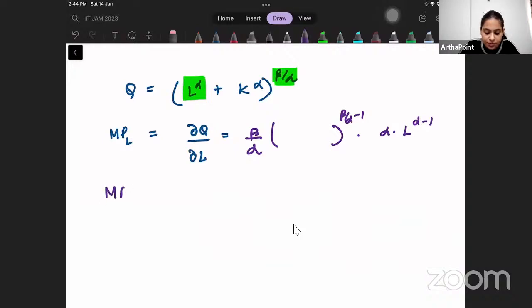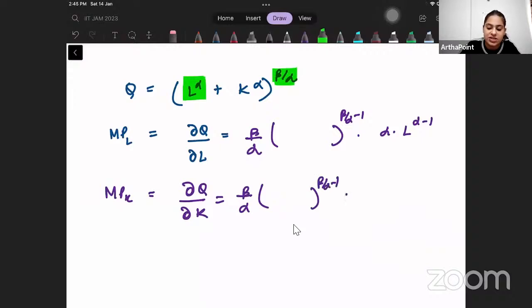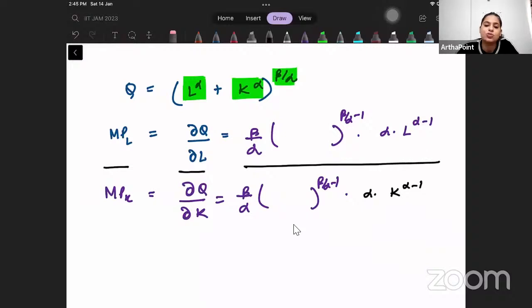Do MPK. This will be how Q changes as K changes. Again, the power will come down, whole to the power minus 1, into differentiation of this. So alpha, I'm just applying basic chain rule. Now when you do MPL by MPK, you will just divide these two things.